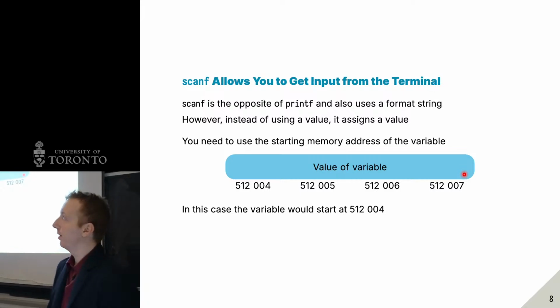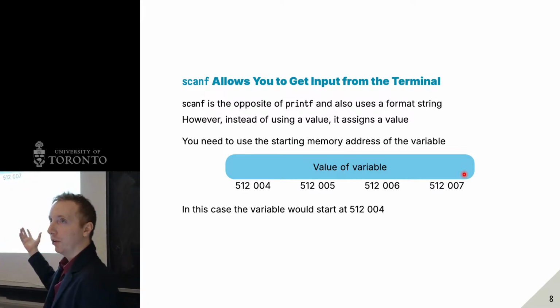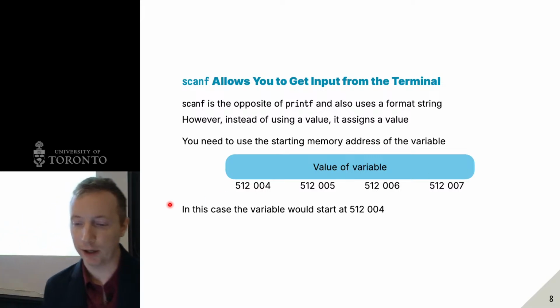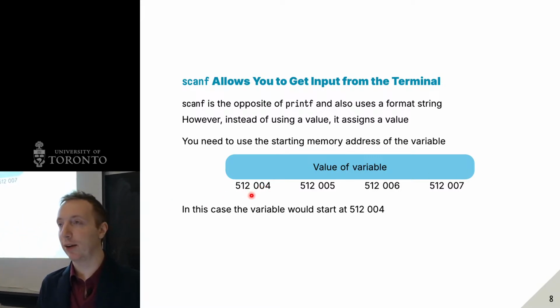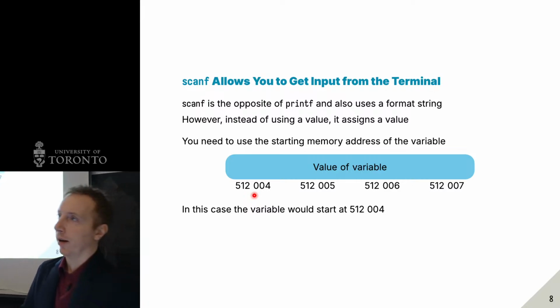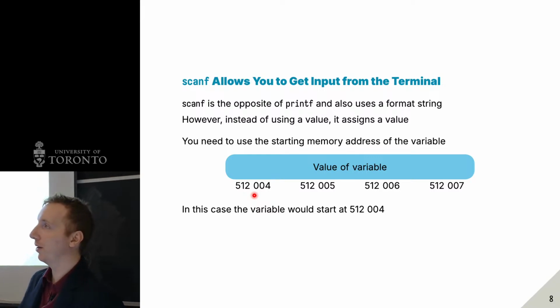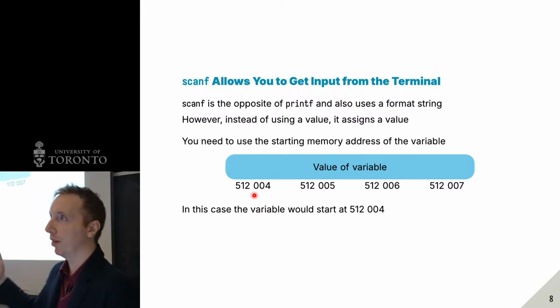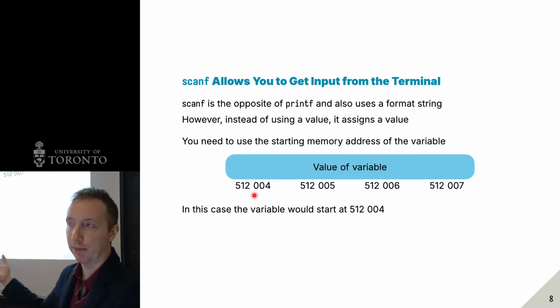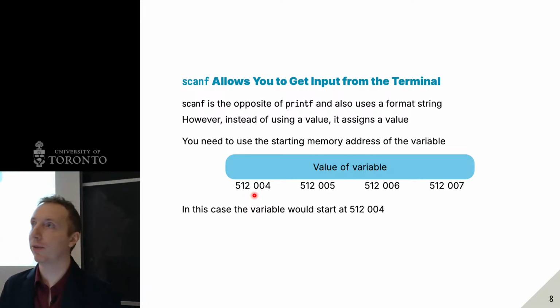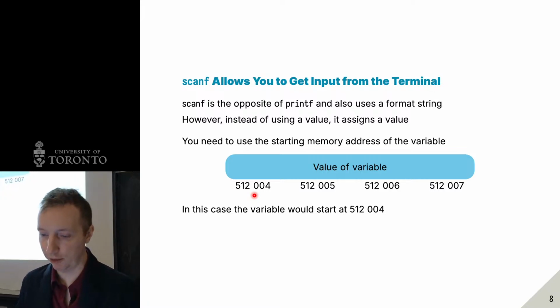In this case, the starting address of this variable is 512,004. It would be a royal pain in the butt if you had to figure out what the location of this variable was in memory yourself. Thankfully, C gives us a way to get this value without you actually having to see it.